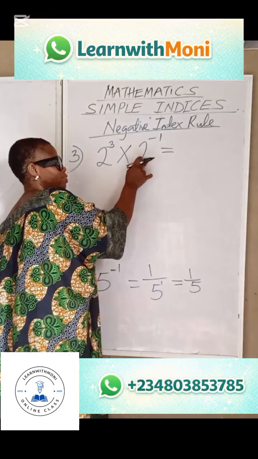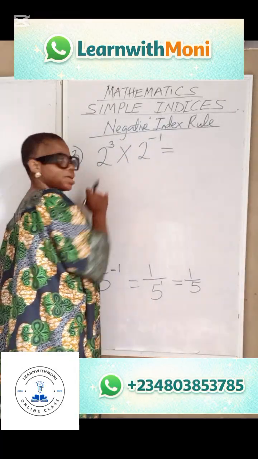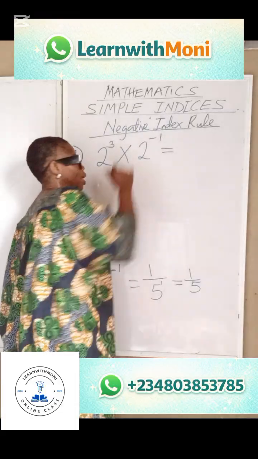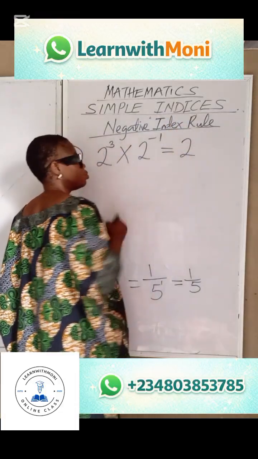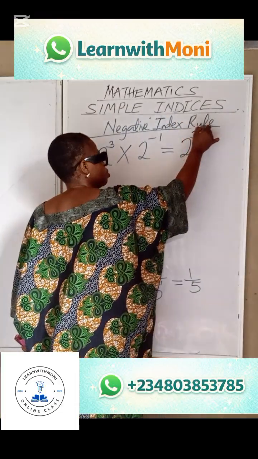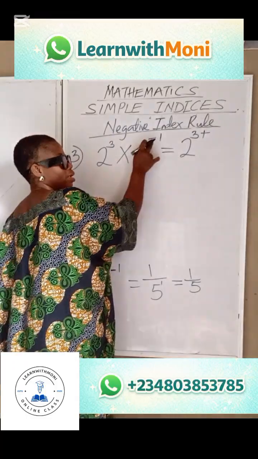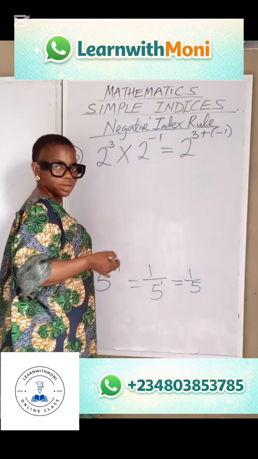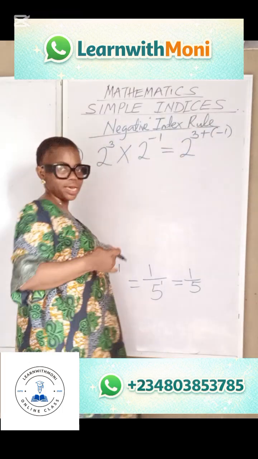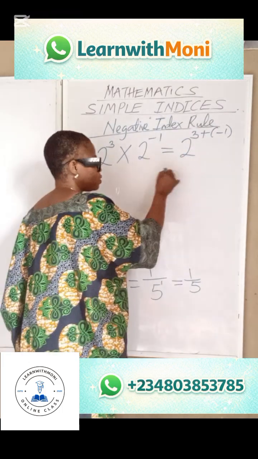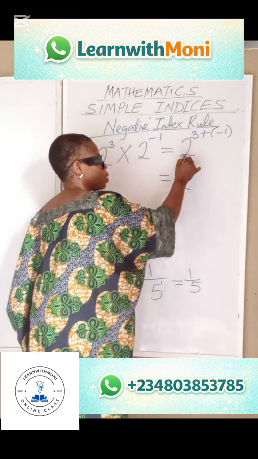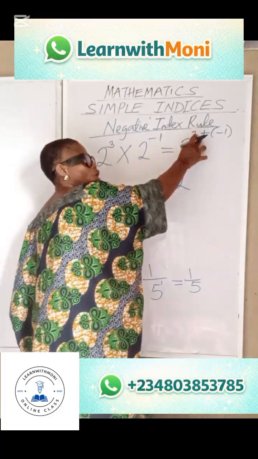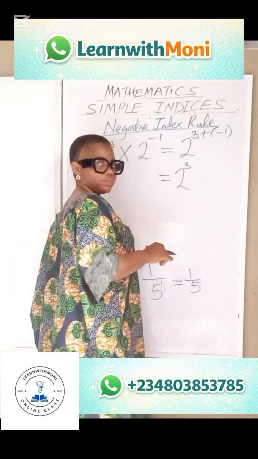Multiplication law says when the bases are the same, add the powers. That means I have 2 raised power 3 plus minus 1. You can see a directed number here. This is equal to 2 raised power 3 plus times minus 1.